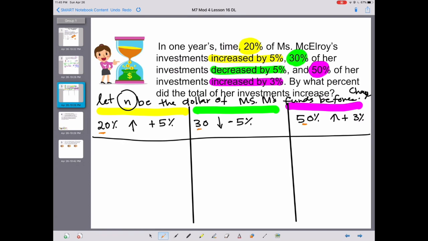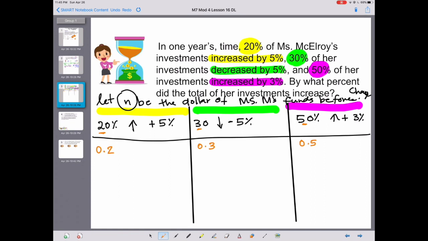So all my numbers are going to change to 0.2, 0.3, 0.5. That's 2 tenths, 3 tenths, and 5 tenths. So where does this n belong? The n was her original amount of money, the original money, 20% of that original money.